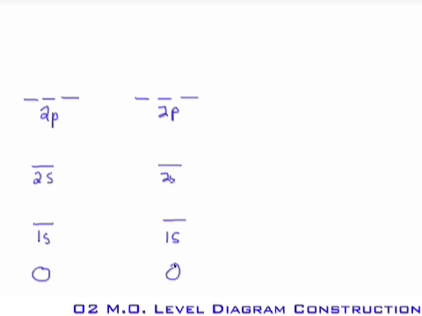Now, we have already drawn what happens when 1s orbitals, which are spherical, approach each other. You can get in-phase and out-of-phase overlap. That is, the 1s combine as spheres. You increase electron density between the nuclei, or you decrease electron density between the nuclei.